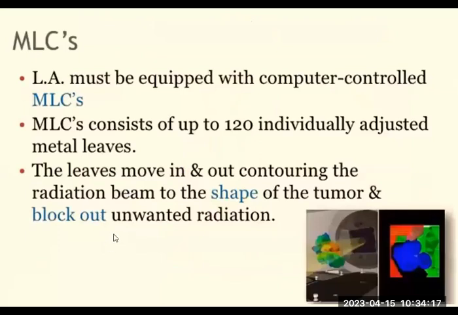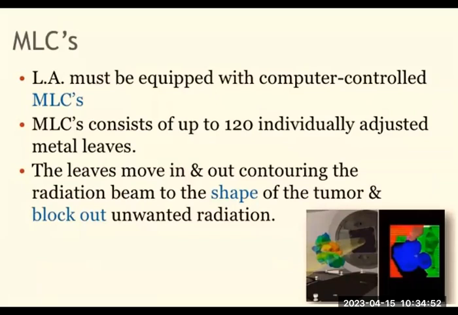So the linear accelerator must be equipped with computer-controlled MLCs. Previously, the conventional linear accelerators that we used in the previous days for conformal radiotherapy were sending the intensity towards the tumor, and there is no control over the size and shape of the tumor area to which the radiation is applied.